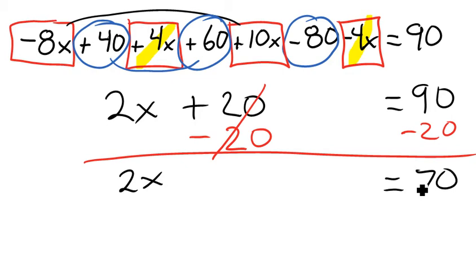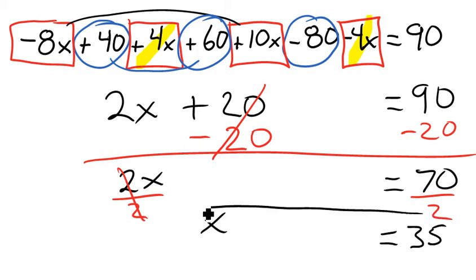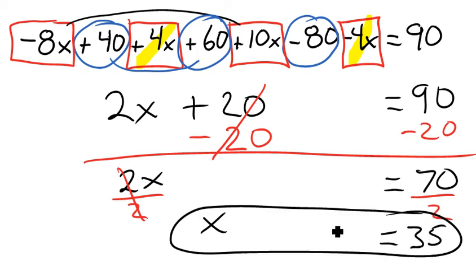Okay, so now what do I need to do? I need to get rid of this coefficient. I'll divide by 2. Okay, so that's gone. And now you have x equals half of 70. Half of 70 is 35. So x is 35.